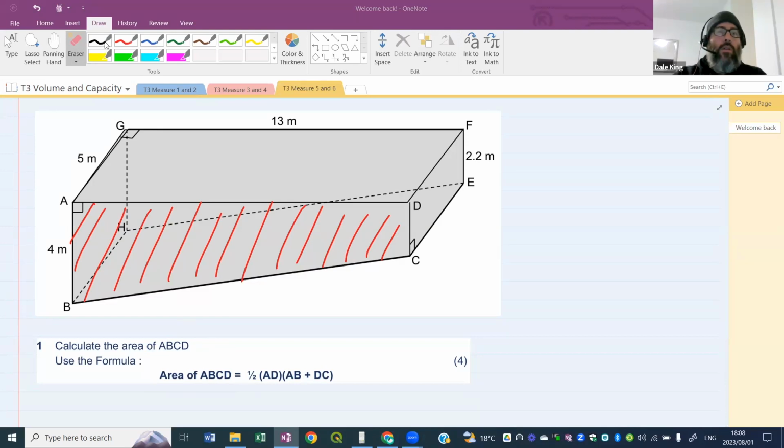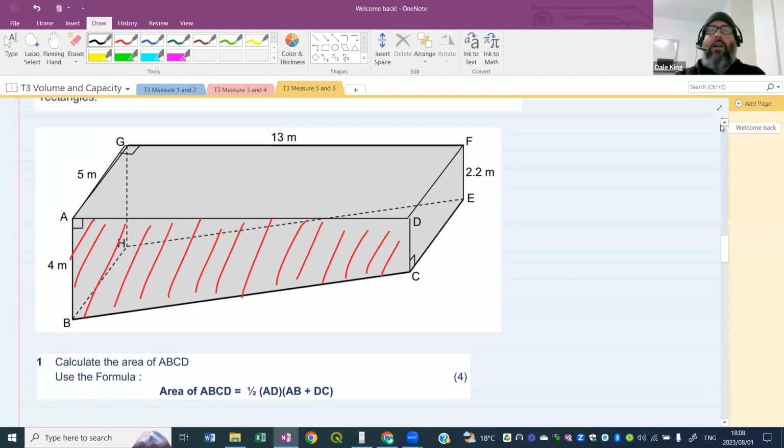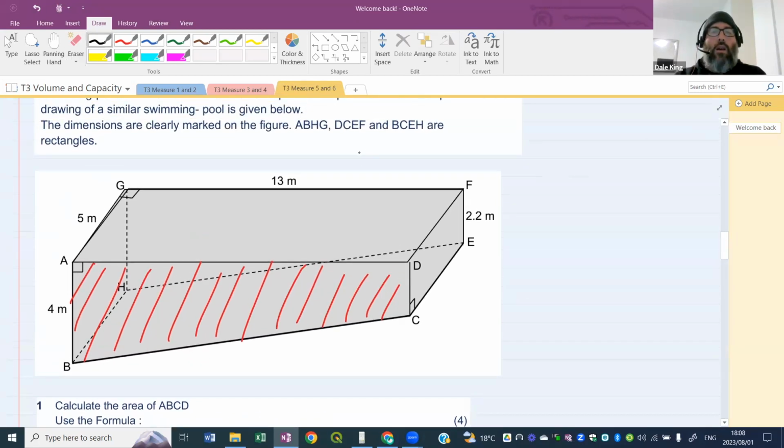So Tando, let me quickly show you. The question over here says DCEF is a rectangle, which means that this one here is a rectangle. That's why they tell us this in the question. If it is a rectangle, then this dimension here, 2,2 for line FE, must be the same as this side here, 2,2 for DC.